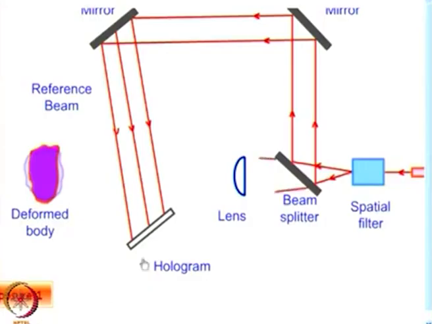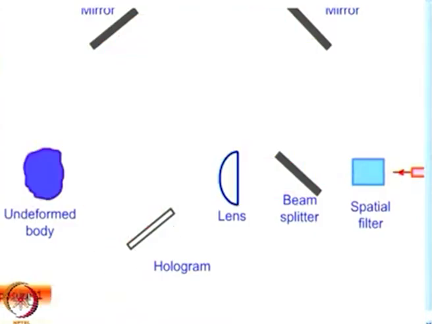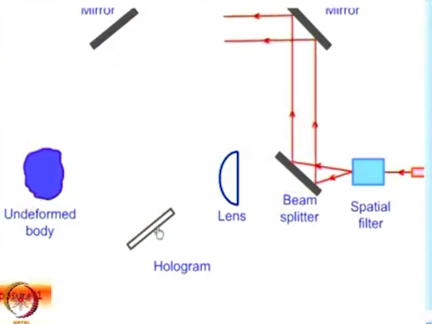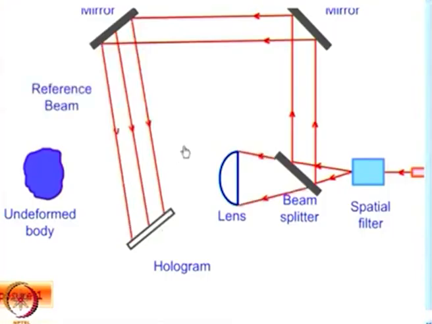So, in exposure 2 I have a reference beam that is not altered, I deform the body and I record another set of light rays on the holographic plate. And if we go in the sequence, we will see exposure 1. Only during exposure I have a reference beam which falls on the holographic plate, that is not disturbed when I go for exposure 2.